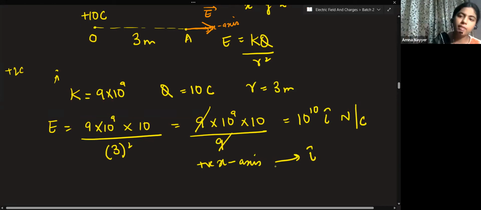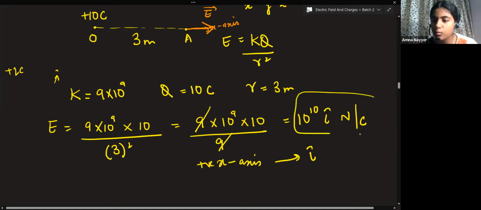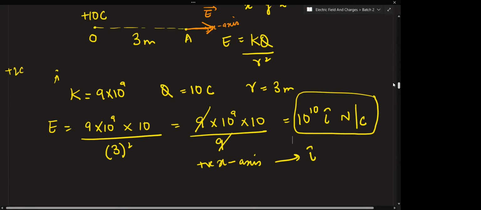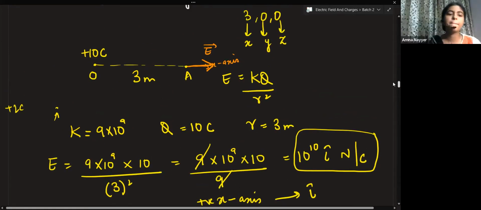Had it been a negative x-axis, then we would have written minus I cap. So this is how we represent the magnitude as well as the direction of electric field. Now is it clear? Yes. Okay, just note down the solution. Then we'll see certain graphs of electric field.